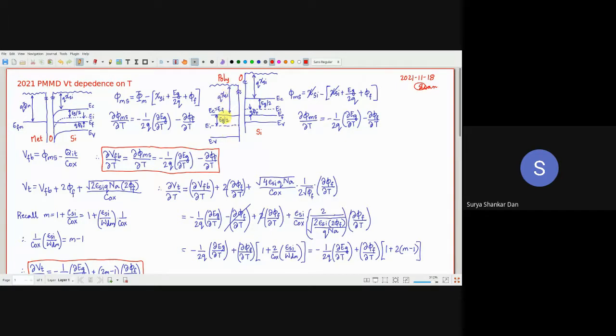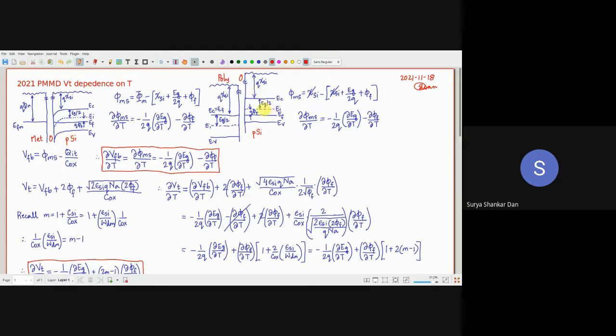Remember, poly is also polysilicon, so the band gap will remain the same. The only difference is the Fermi energy level will be aligned with the conduction band edge. Whereas in the case of the semiconductor, the silicon substrate, the Fermi energy level will be lower than EI, as we all know. This is P silicon, so let me also put PSI. This is also PSI.